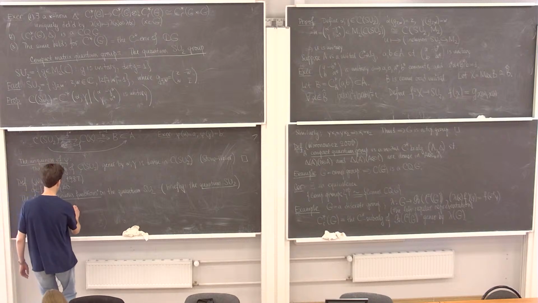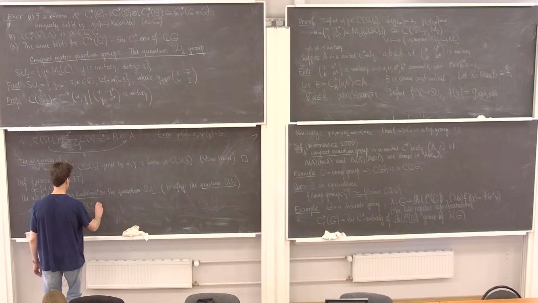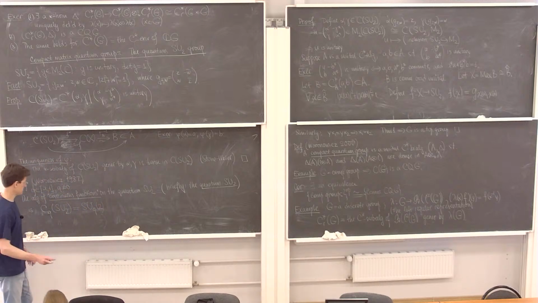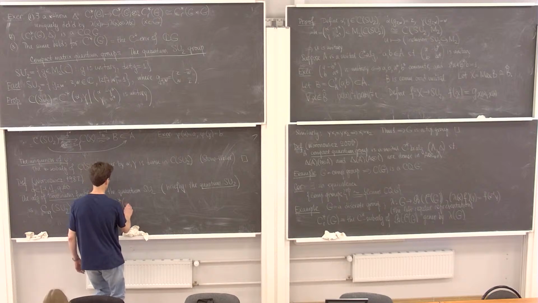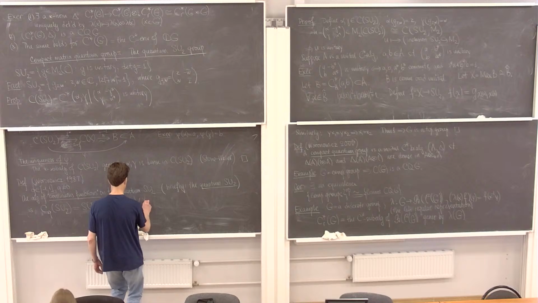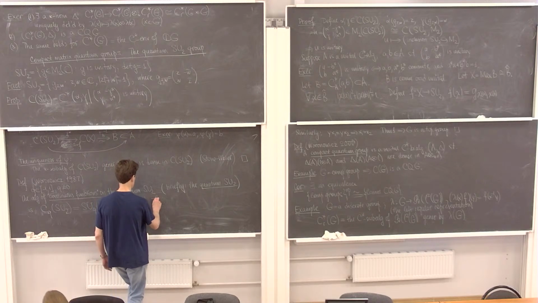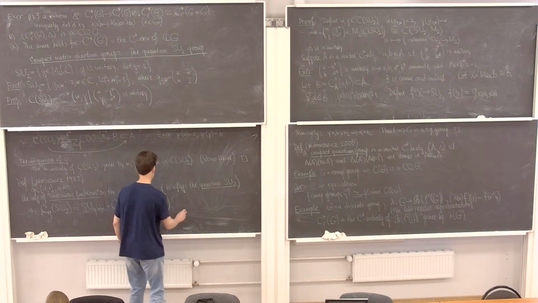And another standard notation looks as follows, C(U_q(2)). And by definition, this is the universal C-star algebra generated by two elements alpha and gamma, such that the following matrix (alpha, gamma; minus q gamma star, alpha star) is unitary.